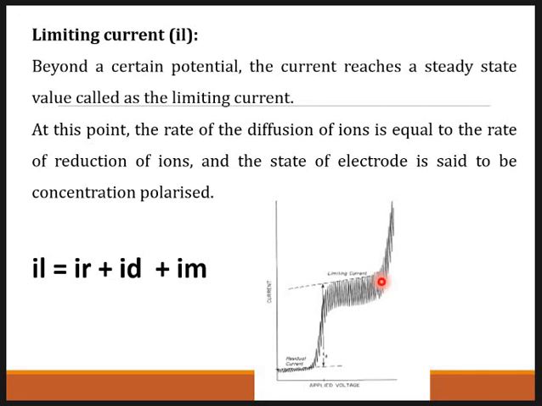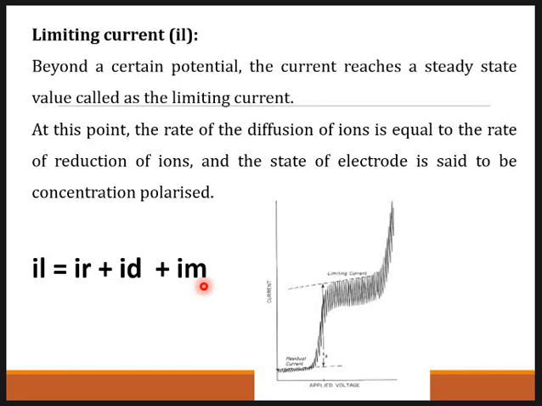So the maximum current that flows includes the contribution of residual current, diffusion current, and another term called IM. We know IR is residual current, ID is diffusion current, and what is IM? This IM is nothing but migration current.